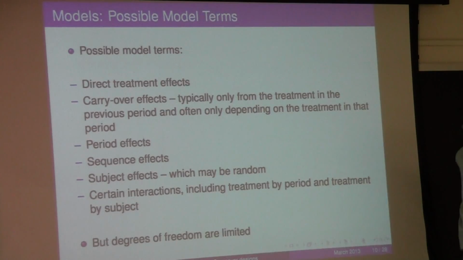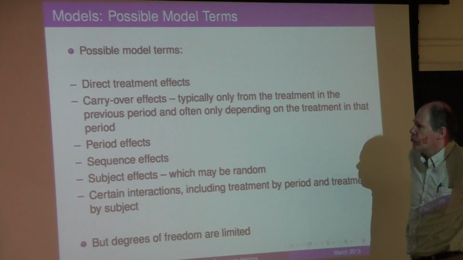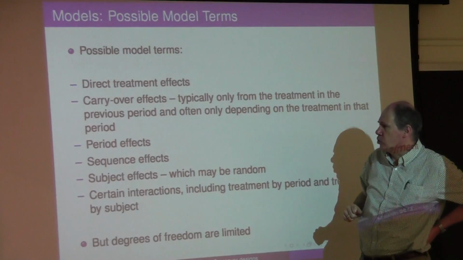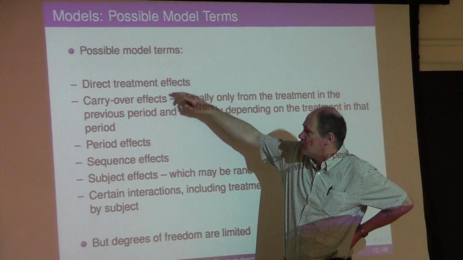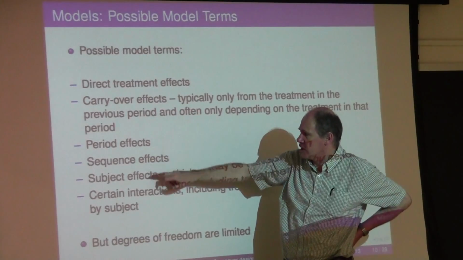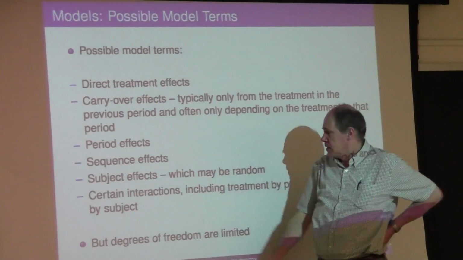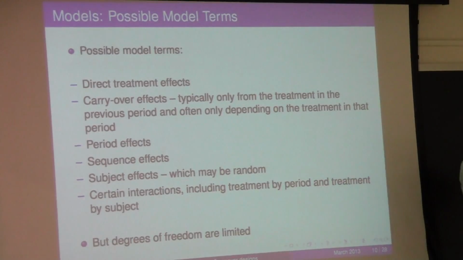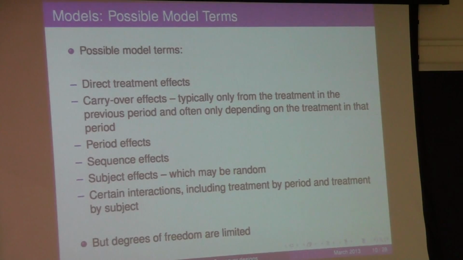So I'm going to limit myself to fairly small models with a fairly small number of these terms, typically direct treatment effects, carryover effects, period effects, and subject effects. Now, for the subject effects, there's some question as to whether you should consider them to be random or fixed, and I'll say a little bit about that in just a moment as well.